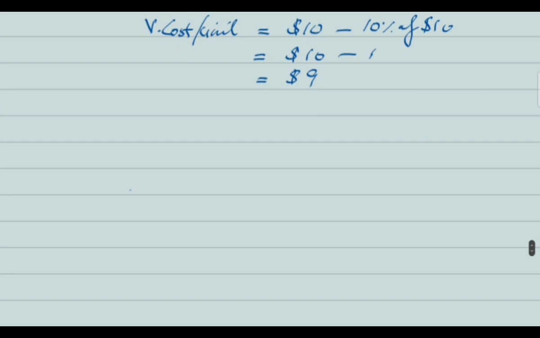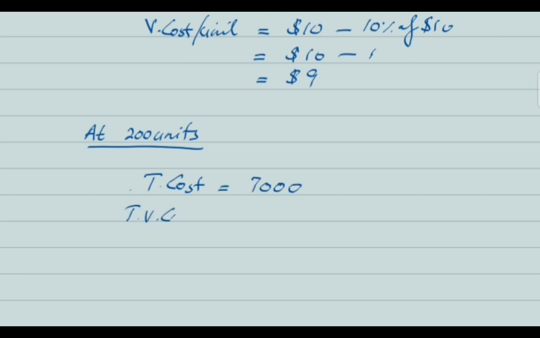So after this, you need to calculate the fixed cost at any activity level. At 200 units, we have total cost 7,000.